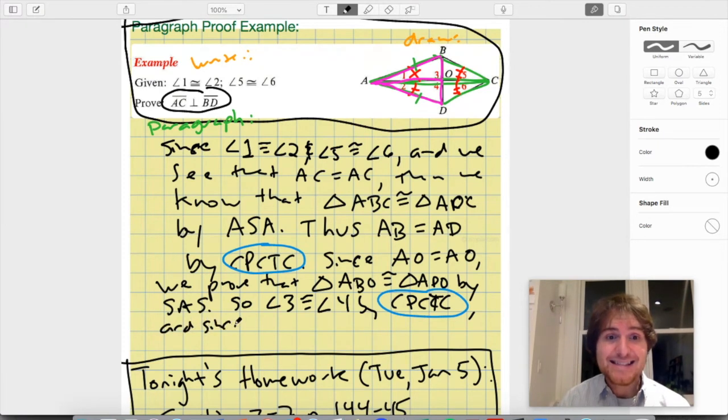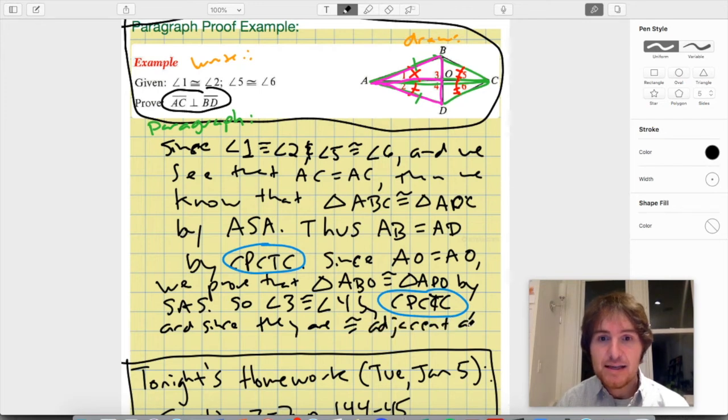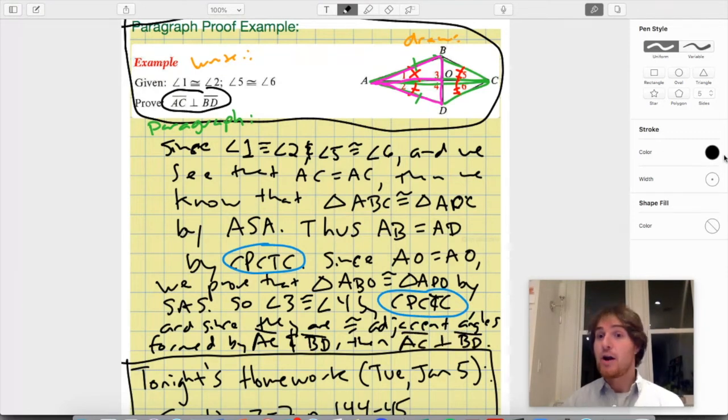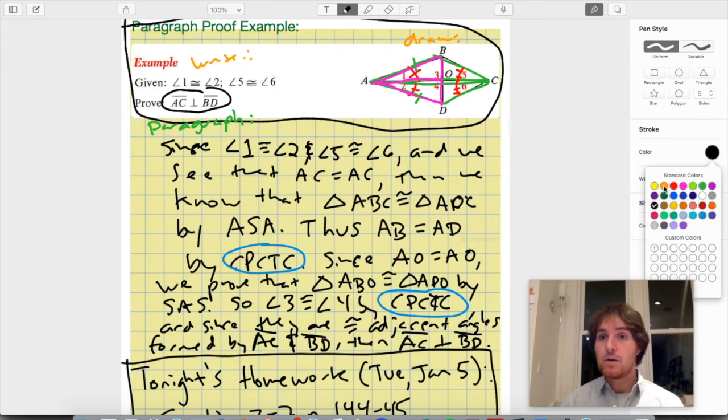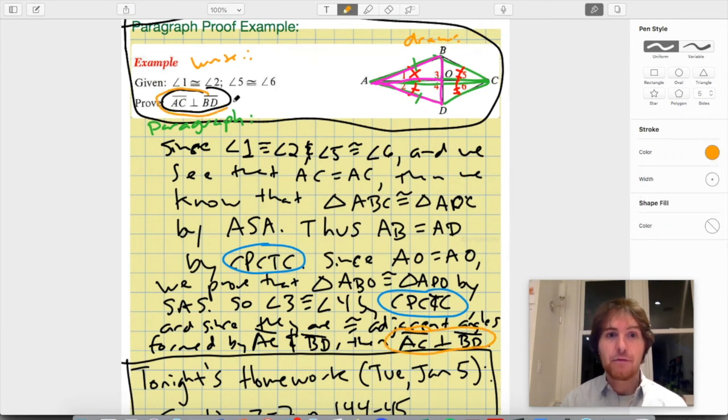And since they are congruent adjacent angles formed by line AC and BD, then we know that AC is perpendicular to BD, and my paragraph proof is done. This was ultimately my goal of what I wanted to prove, and I did prove it in paragraph form here, okay?